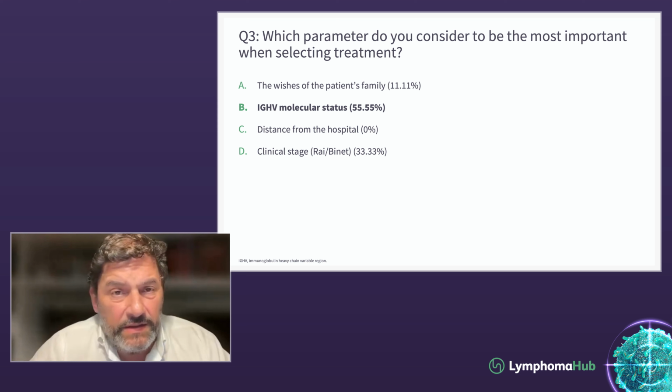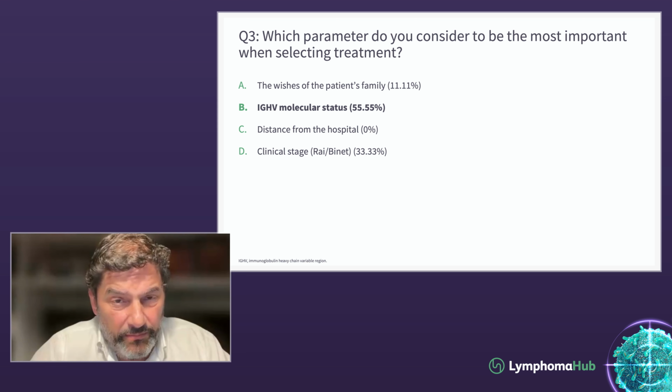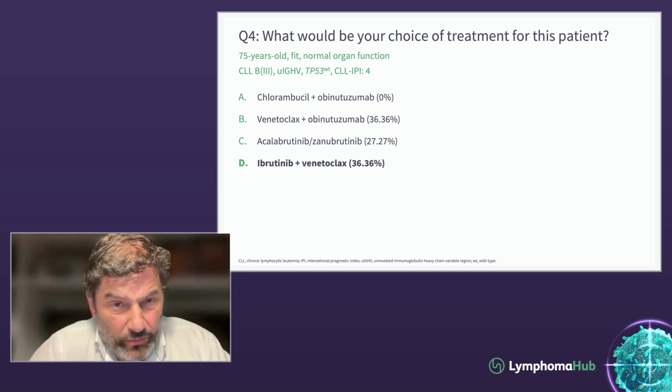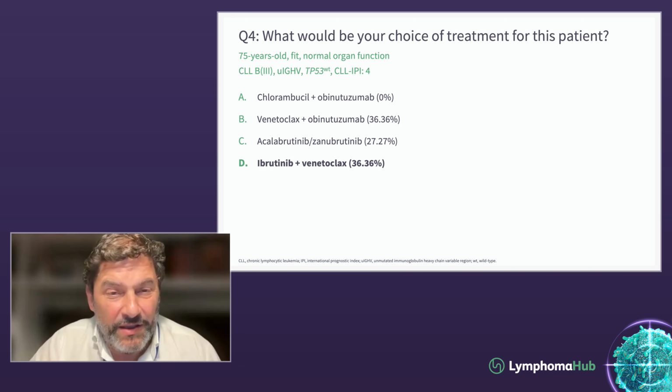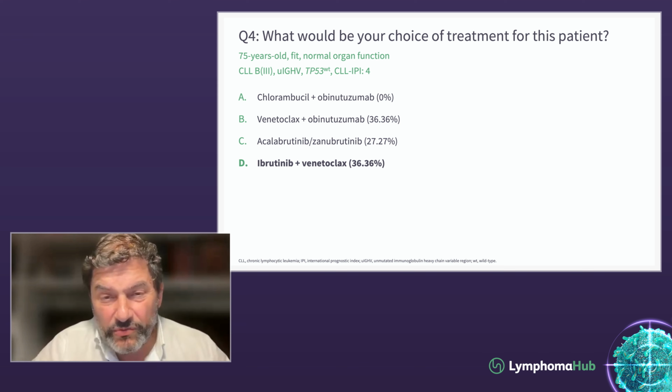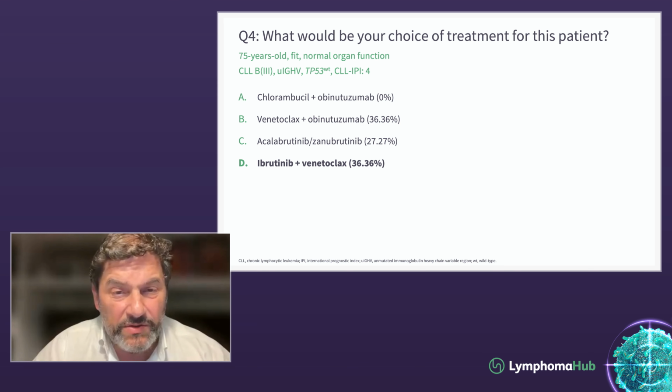And the next polling question was the choice of therapy. We have here three possibilities. Venetoclax or obinutuzumab is a good choice. It's time-limited therapy for a young patient.